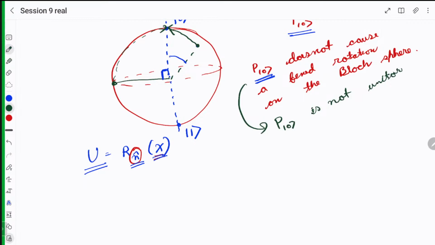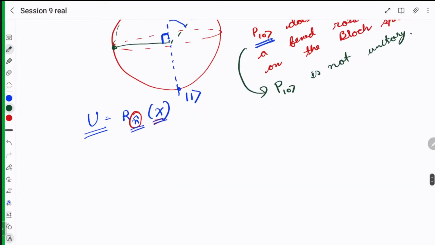So in general, as I mentioned, when we are doing a measurement, the system becomes open. So measurement is a non-unitary process. Is this clear?